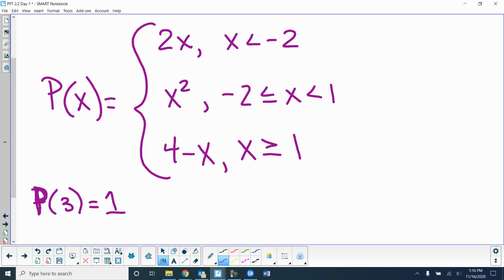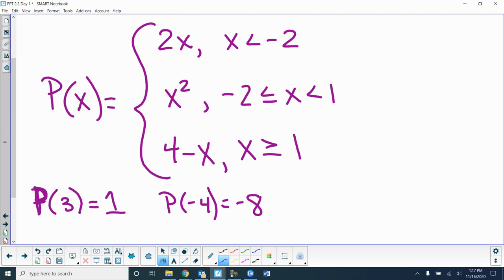Okay. What's P of negative 4? Top one, right? Negative 4 fits here, right? So what's 2 times negative 4? Negative 8.